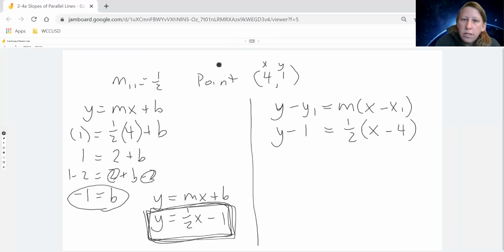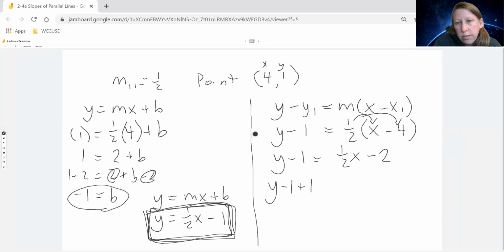And honestly, this is the equation of a line. I could leave it like that, but if your teacher is clear that they want it in slope-intercept form, then you keep going. So then you do y minus 1 is 1/2 x. You're going to distribute here, and this is minus 2. And then you're going to add 1 on both sides.